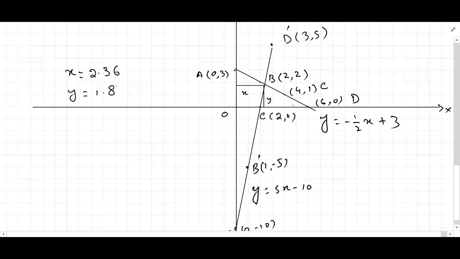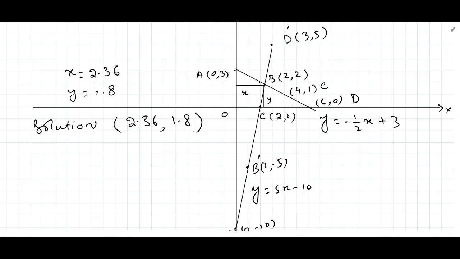So this is an approximate solution, and the solution would be 2.36, 1.8. Whenever we draw the graph manually, the solution is always an approximation. Here, for this given linear system of equations, 2.36 and 1.8 is the required solution of the system.